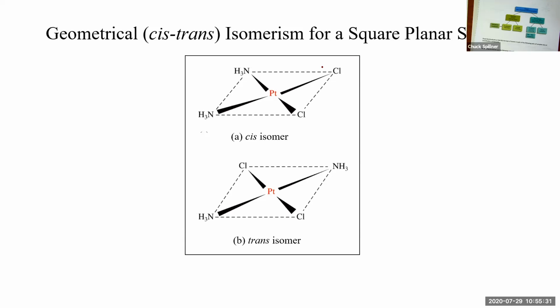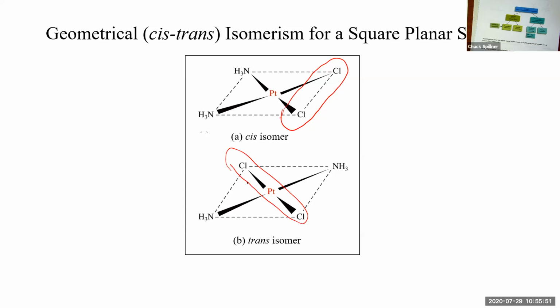If the two ligands that are the same are on the same side, let's look at the chlorines in this case, they're on the same side of this square, so that makes this a cis isomer. If they're on opposite sides of the square, that's the trans isomer.